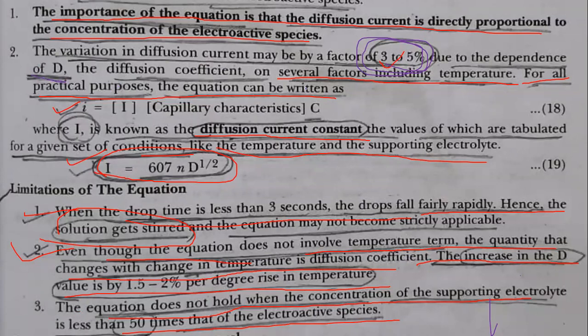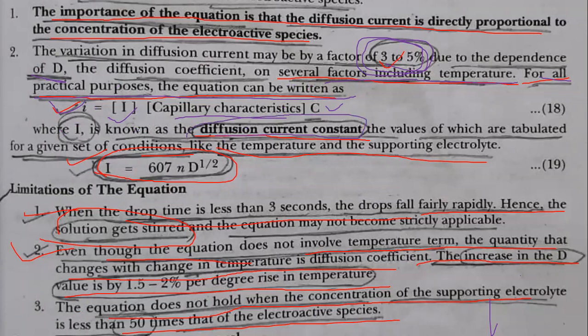Due to the dependence of the diffusion coefficient on several factors including temperature, for all practical purposes the equation can be written as I equal to capital I into capillary characteristics into C, where capital I is known as the diffusion current constant.